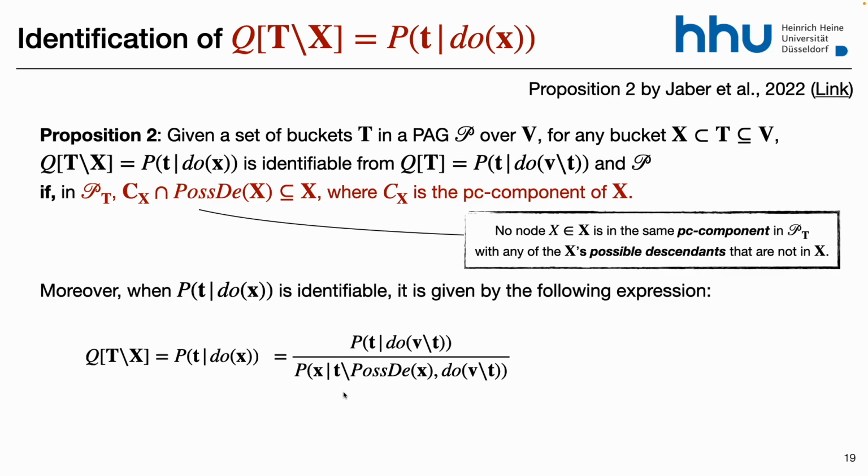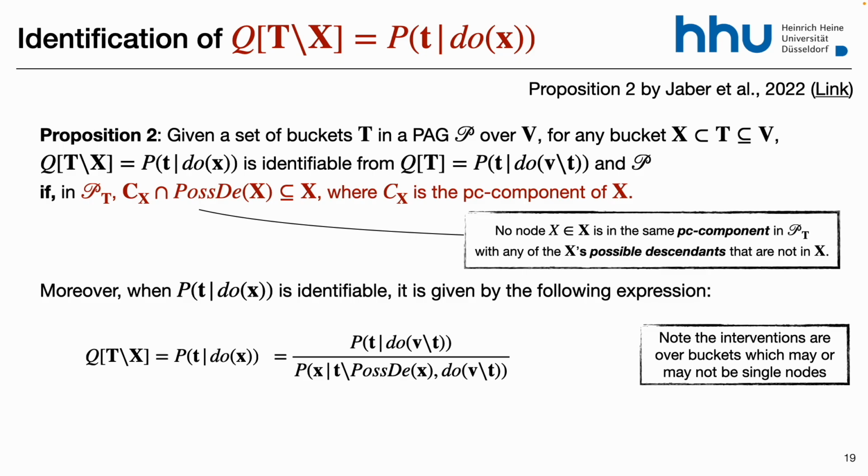And in the denominator is the conditional of X given T minus possible descendants under this intervention that you know already. And yeah, so you see that the buckets are always the units in our expression. We always condition on the X, which is always buckets.